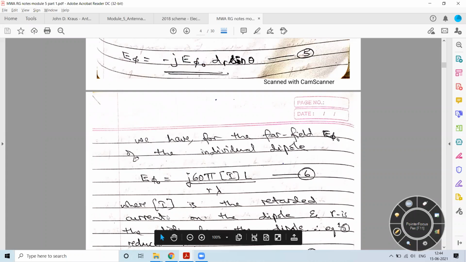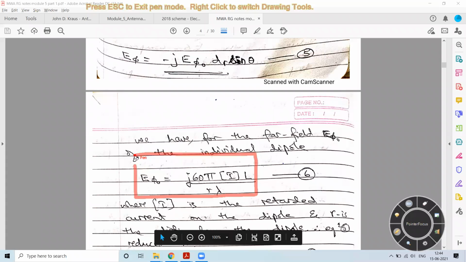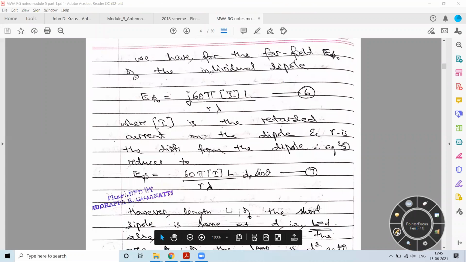In this case, E phi naught is given as j times 60 pi times the retarded current into L, where L is the length of the dipole, divided by R into lambda, where R is the distance from the reference point of the dipole to the observation point.